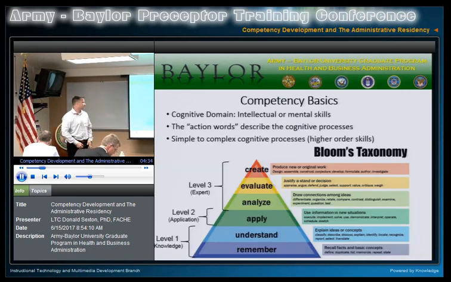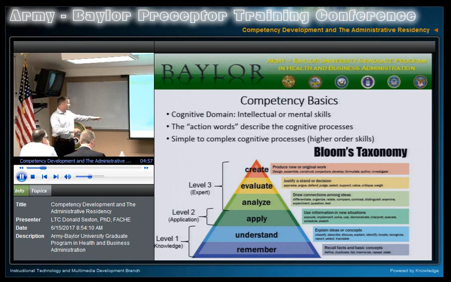We focus on Bloom's taxonomy, often used in educational institutions. It's a pyramid structure, and this one in particular is the cognitive domain, focusing on intellectual or mental skills. What does a person know about the specific tasks required of them?